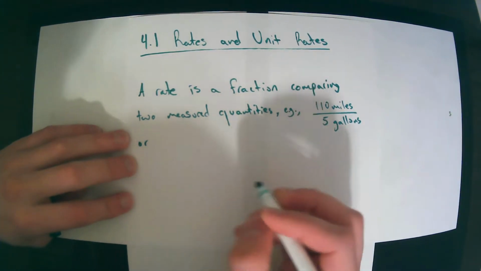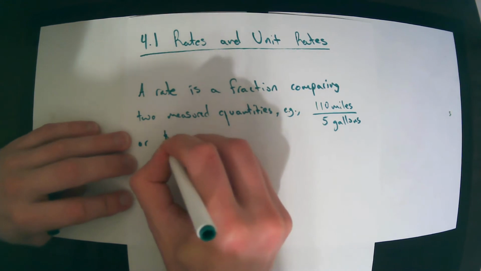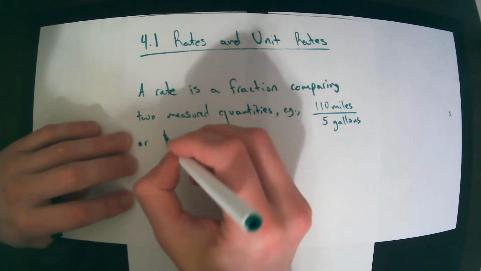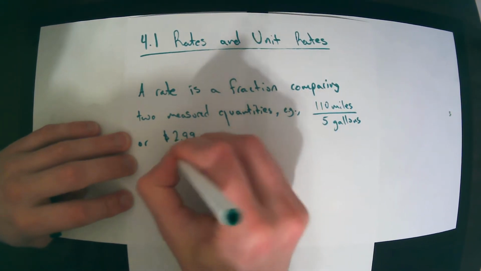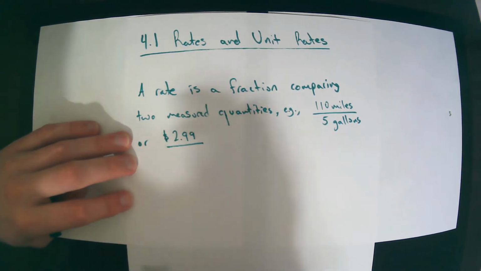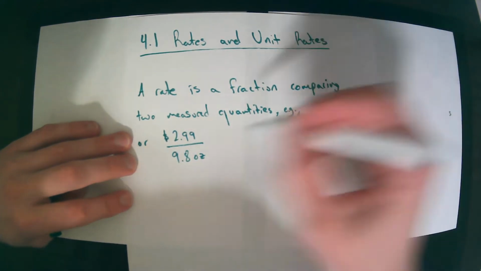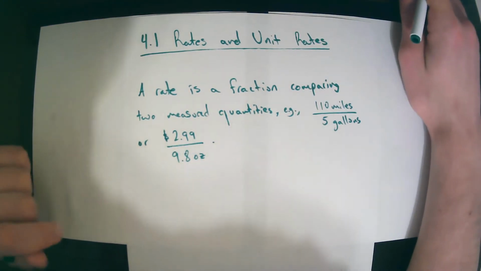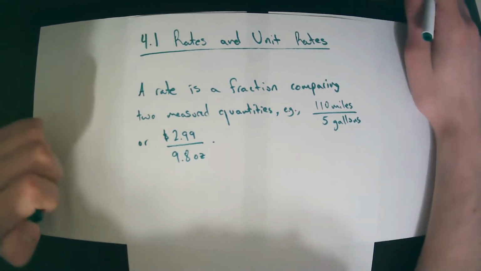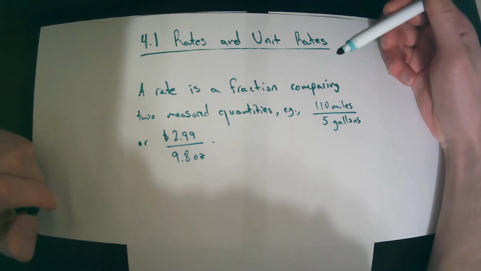Another common rate you'll see all the time is dollar amounts per some quantity of weight or volume for some item that you're buying. Okay, and how does this differ from a ratio?